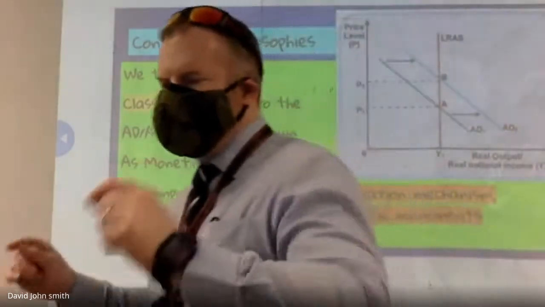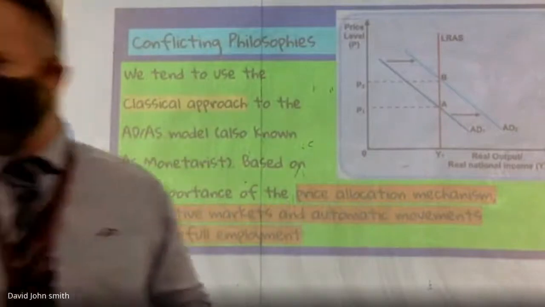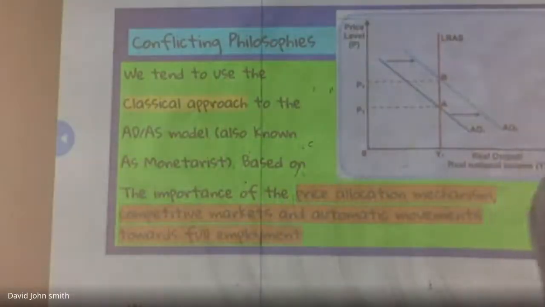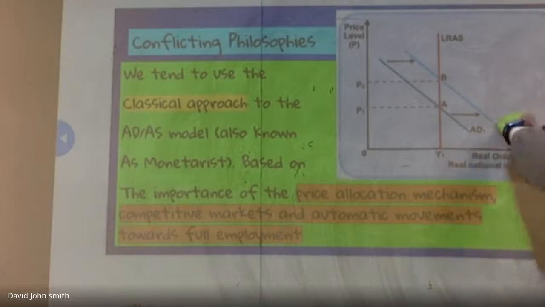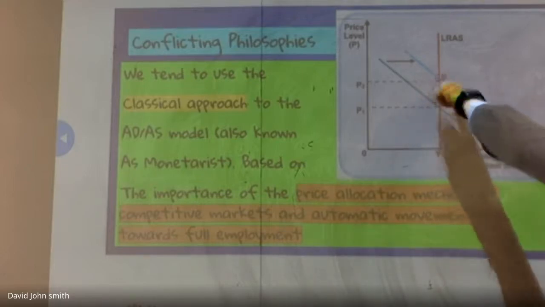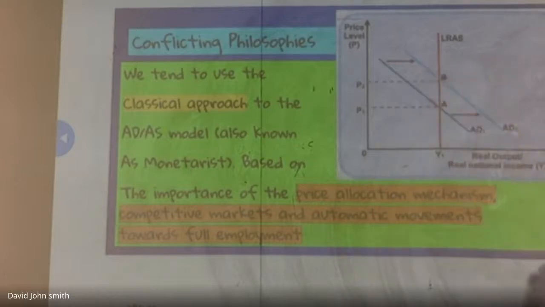So what you do now is have a look at your models and trace a path basically over time. You're going to go from AD1 to AD2, AD3, but where is the intersection of LRAS with AD2 or AD3, depending on what you label it?